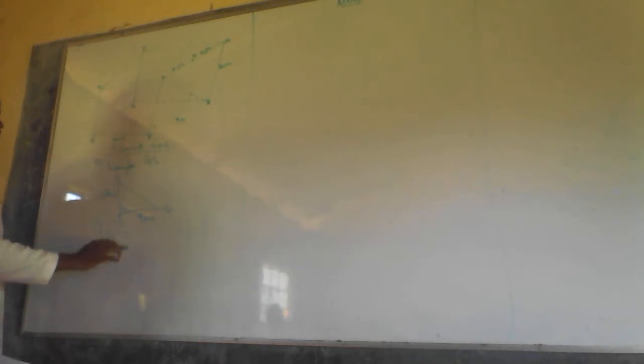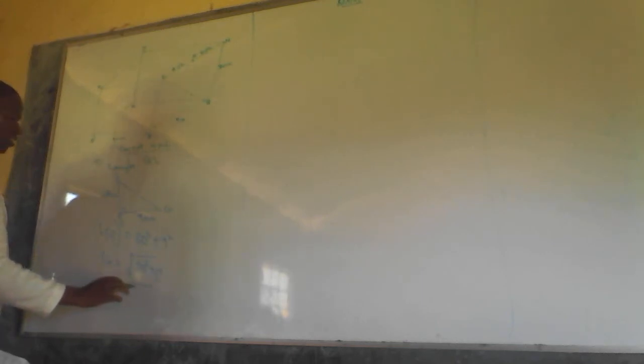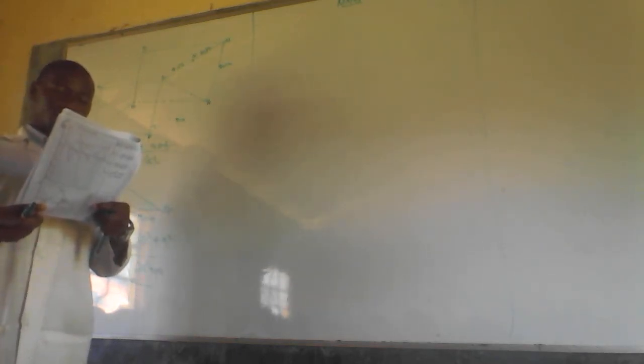So we can say that LG squared is equals to what? You can say it is 30 squared plus 9 squared. When you want to get your LG, it will be the square root of 30 squared plus 9 squared, which is same as getting the square root of, square root of what? 981.